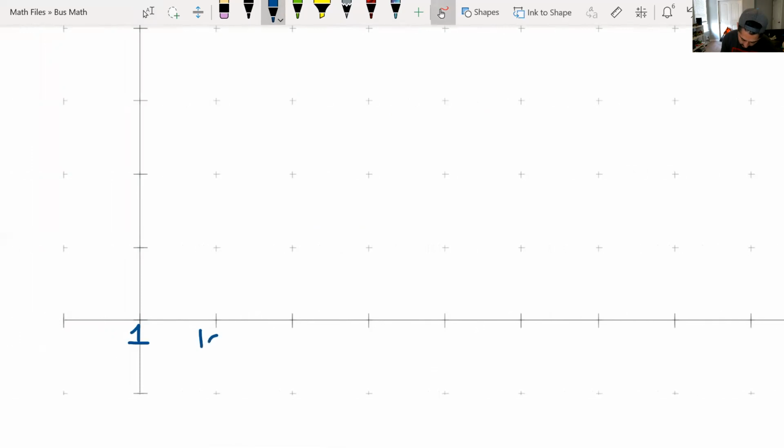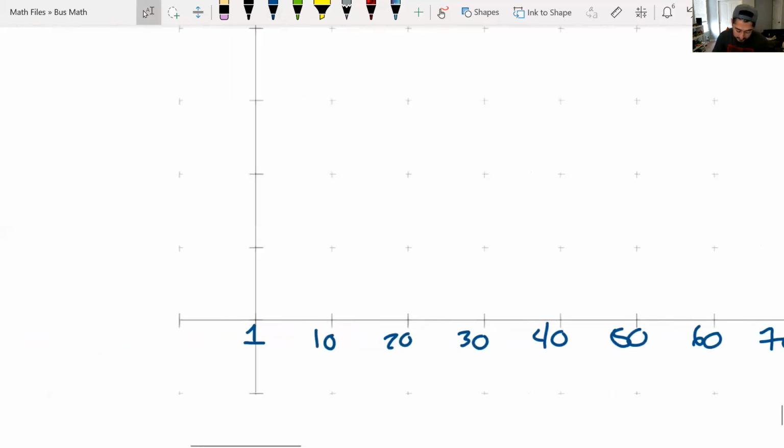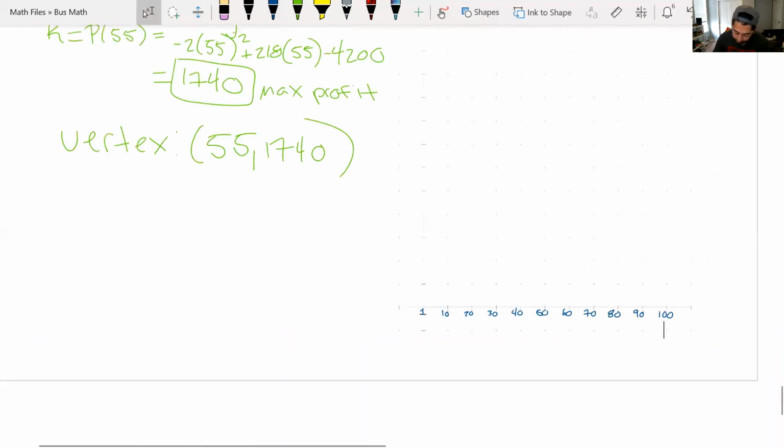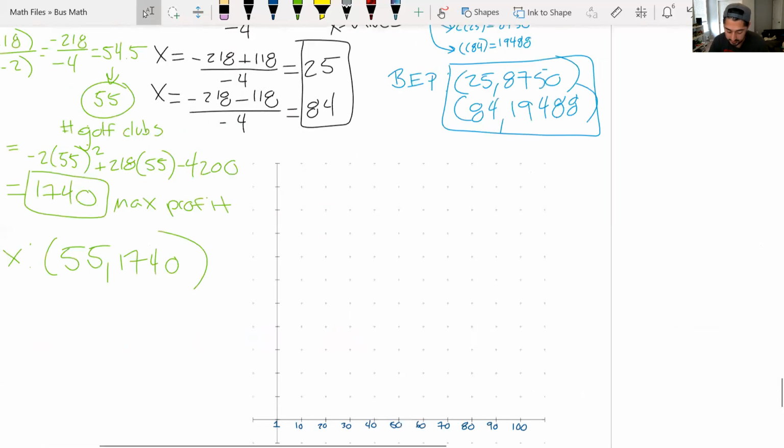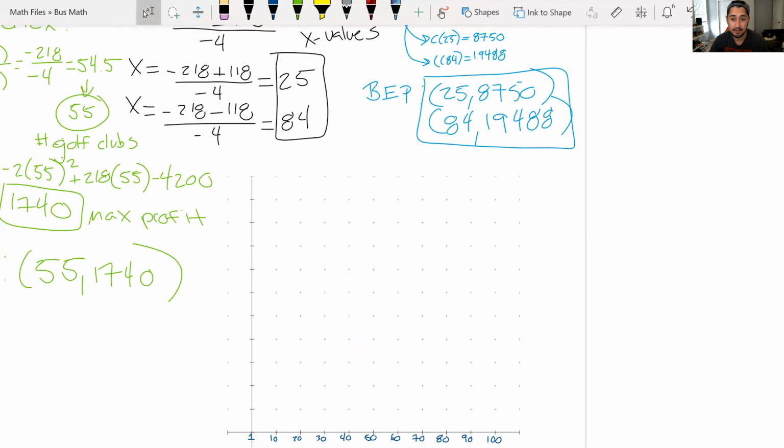So 10, 20, 30, 40, 50, 60, 70, 80, 90, 100. That's where we'll stop. Now, let's look at my Y values. 1740, 8750, 19488. I say let's go by 2000s again.